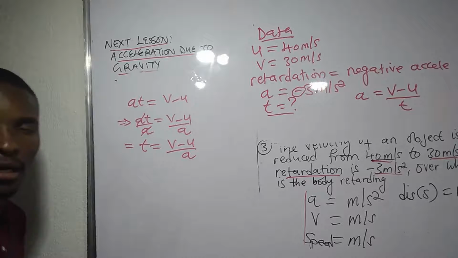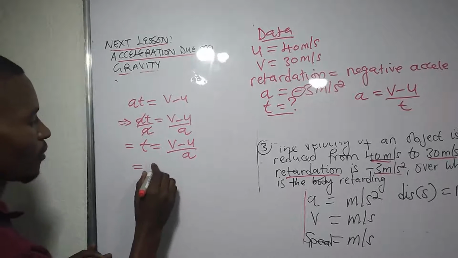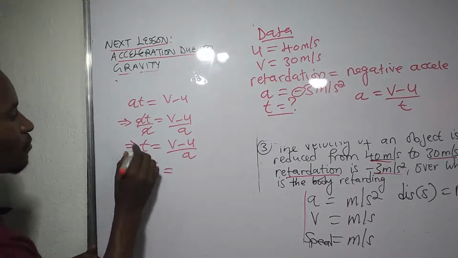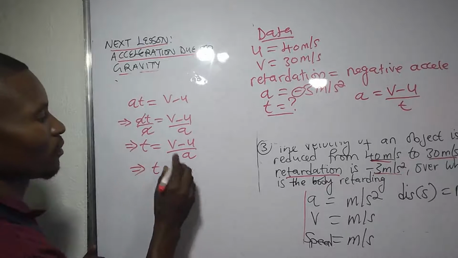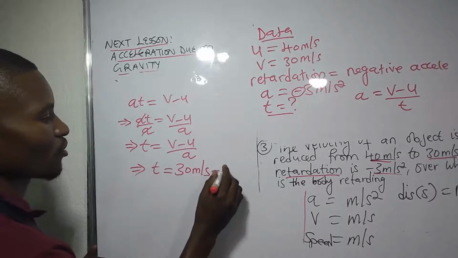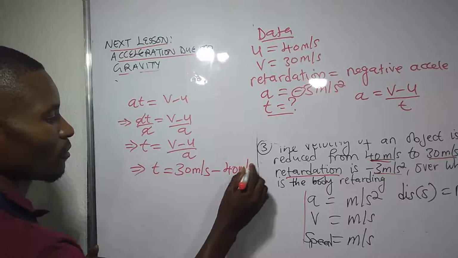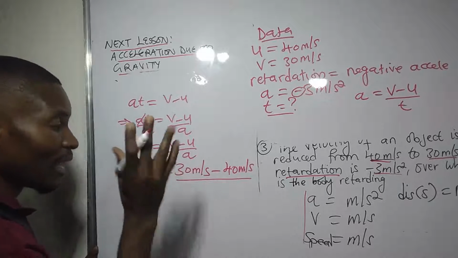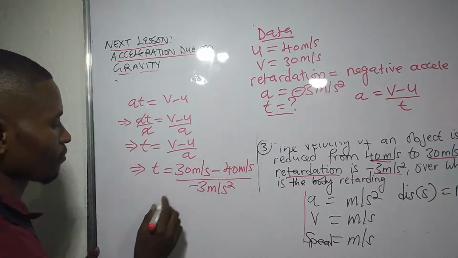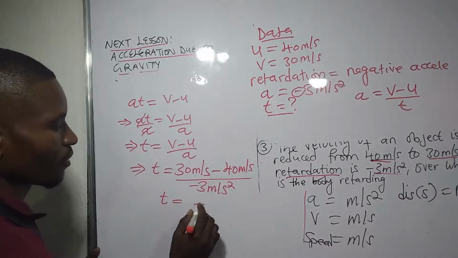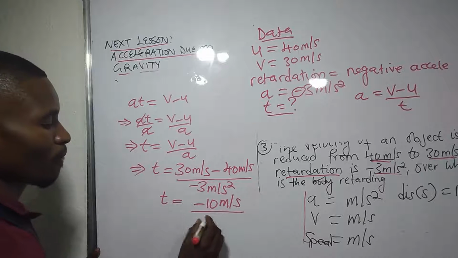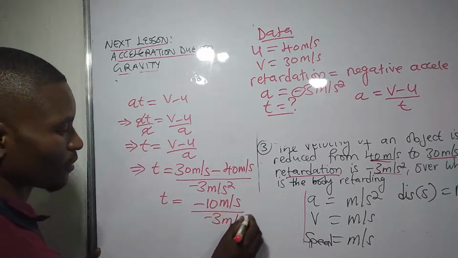Now from there, for t, you just plug in the values. The final velocity is 30 minus the initial 40, over the retardation or the acceleration. So this is -10 meters per second over -3 meters per second squared.